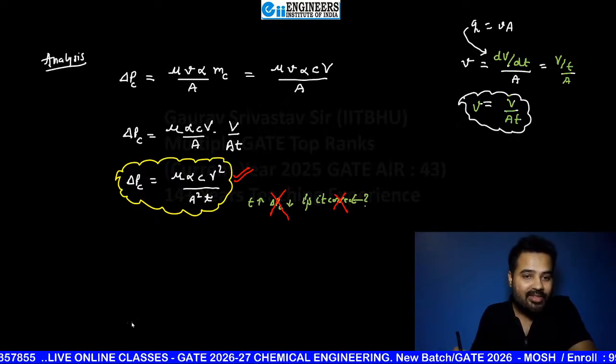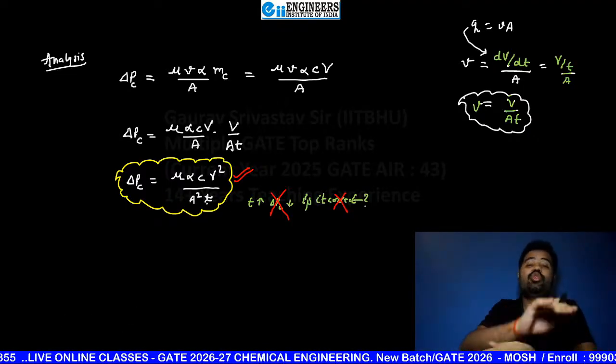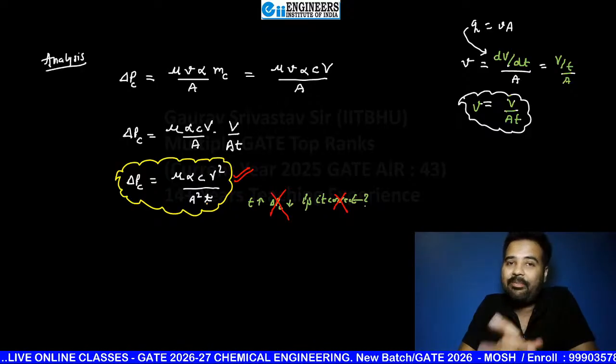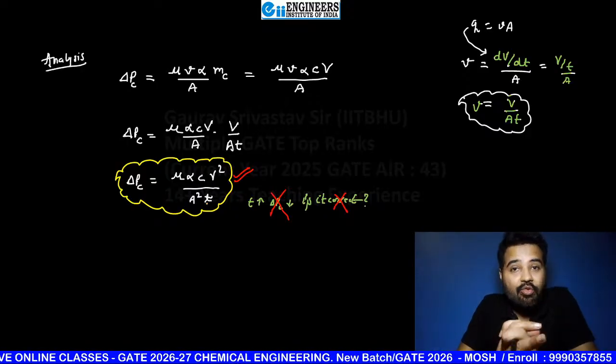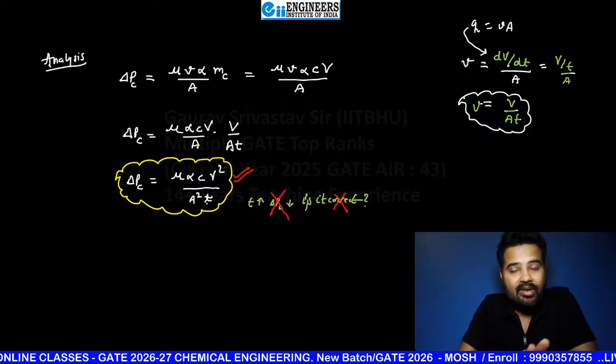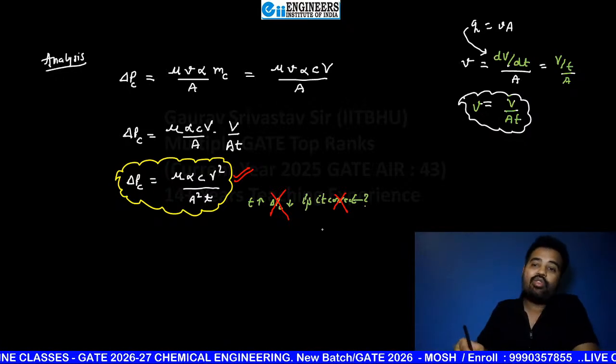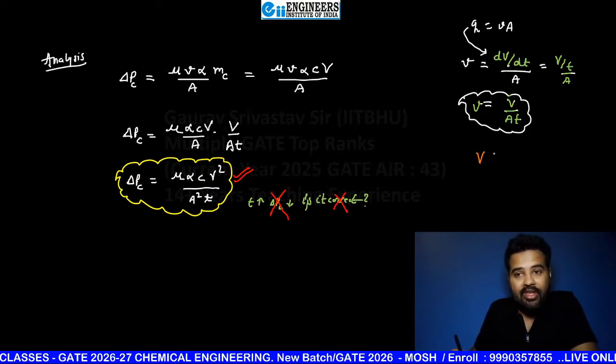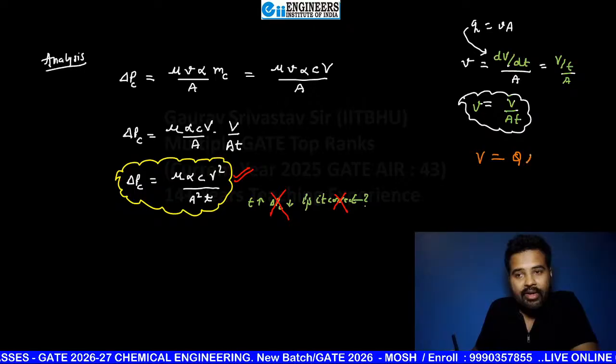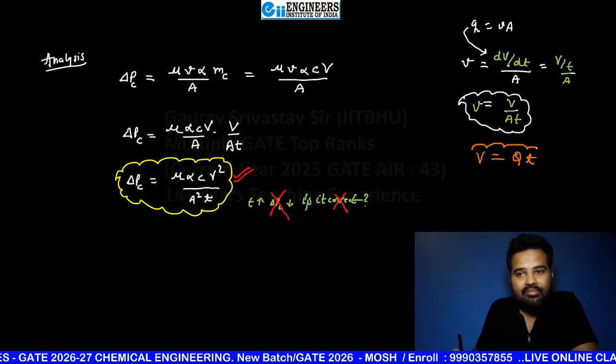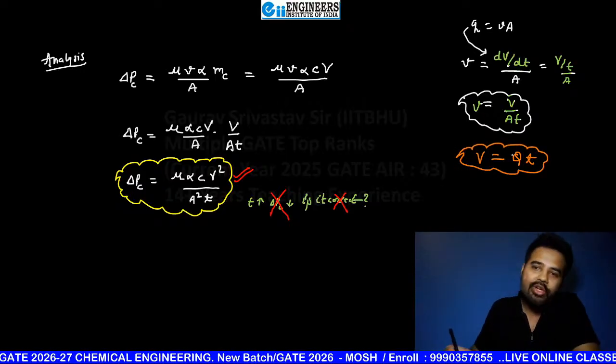Here, this t is not going to show you the complete variation with respect to t. If you want to see that variation, you have to put this V as q into t. What is V? V is q into t.